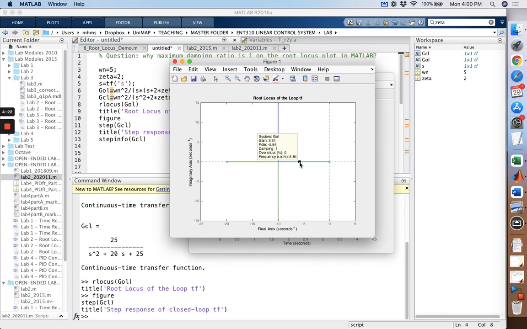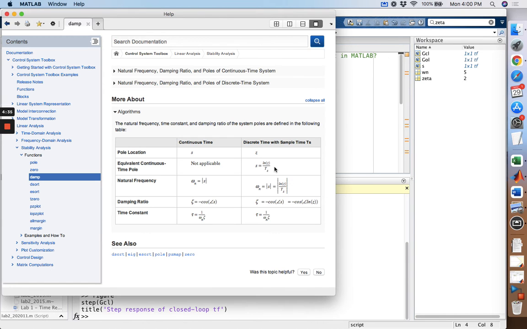Either we have two poles at different locations, or two poles at the same location. To answer this question, you need to look at the algorithm of how MATLAB plots the damping ratio. MATLAB defines zeta equals cos of the angle of a point on the root locus here. So we can see it is a function of cos.